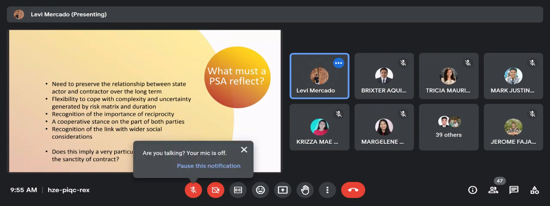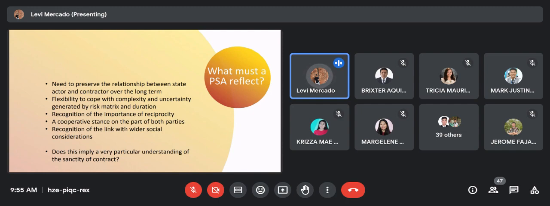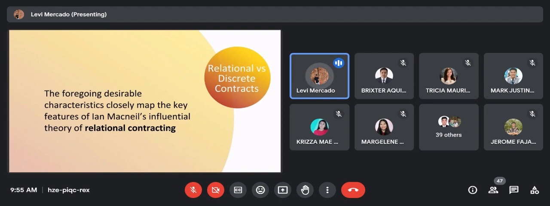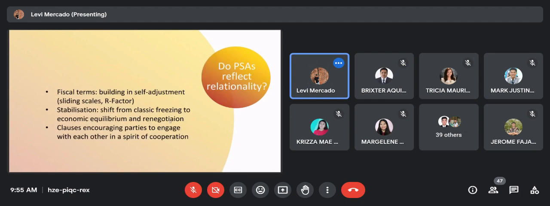Okay, so what else? Recognition of the link between wider social considerations and a cooperative stance on the part of both parties. So ito yun, relational contract versus discrete contracts. So under relational contract, yun yun, more on relationship based between two parties. Ito, hindi siya walang covered na monetary aspect. Unlike sa PSA, discrete contracts. Okay.